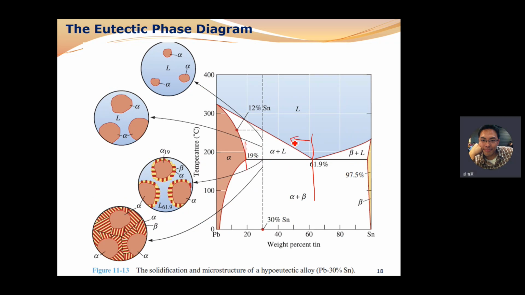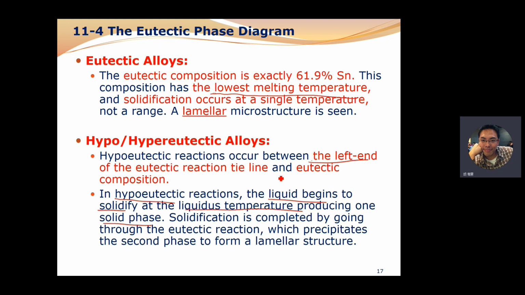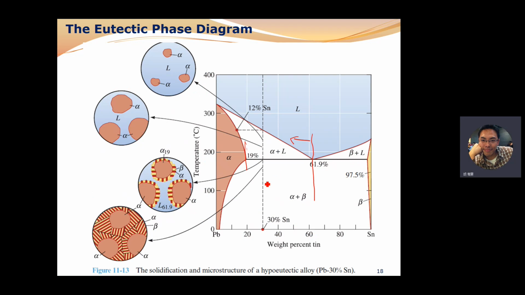If the composition is about 38% tin, and we draw a straight line and cool down from about 350 Celsius, from here to here to here to here, points A, B, C, and D, what's going to happen in its microstructure when we cool from point A to point D?